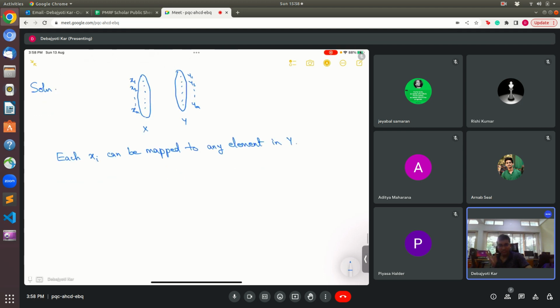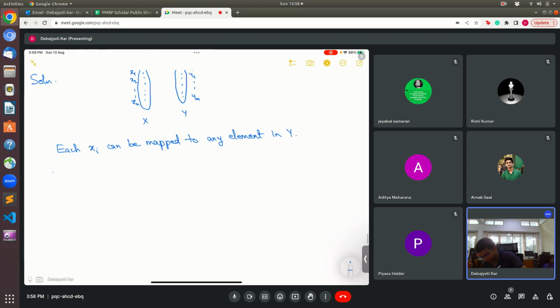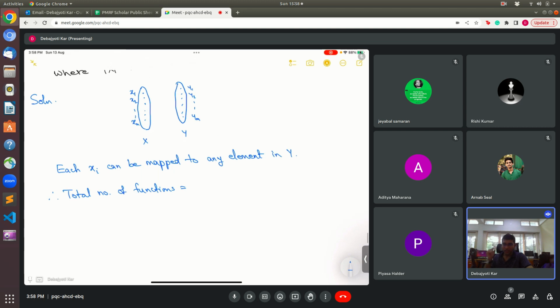So then what is the total number of functions? For x1 there are m possible values. Again for x2, there are m possible mappings, and so on. So we have m multiplied n times.